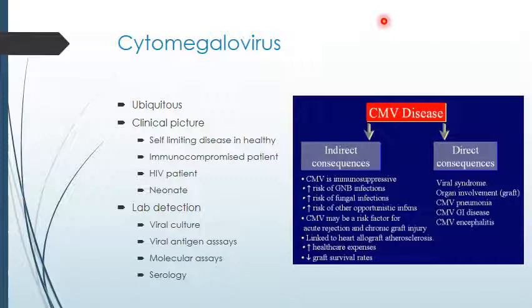So they're obviously much more severe. You get things like jaundice, hepatosplenomegaly, petechia. You get all kinds of neurological abnormalities that can occur, anything from just plain lethargy all the way to microcephaly.